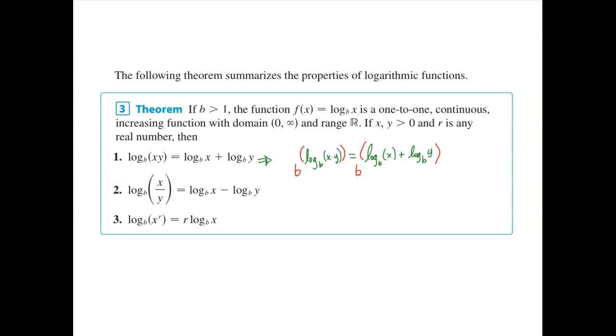So exponentiation and logarithms are inverses of each other, and we just saw in the slide before the last one that when you do that, the logarithm and the exponential base undo each other, and I'm just left with x times y, the argument here.